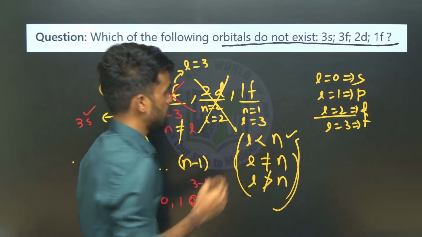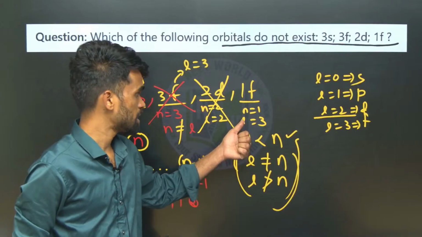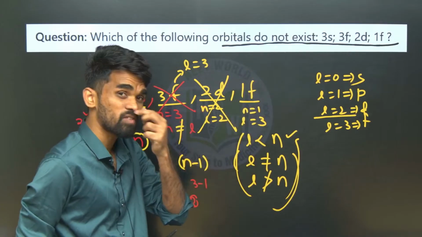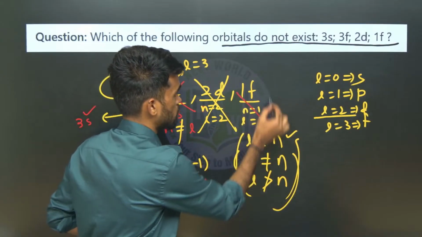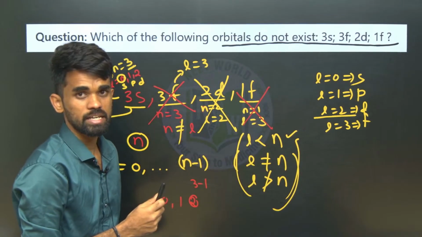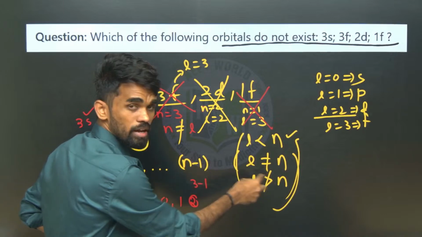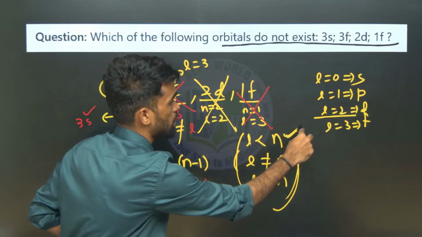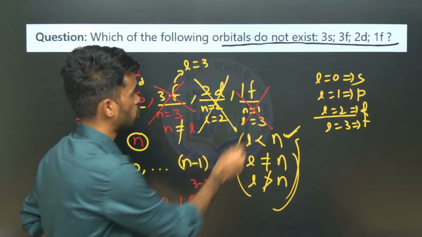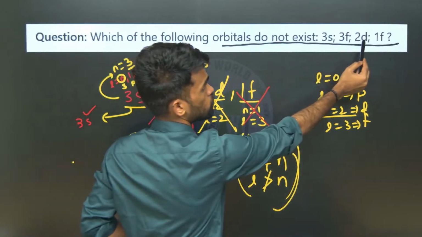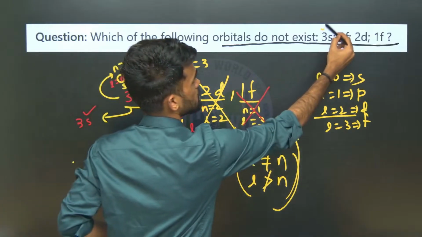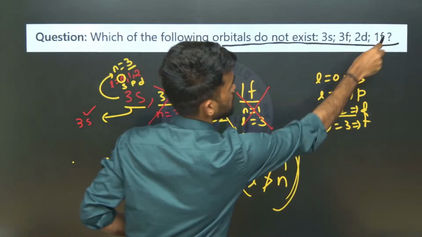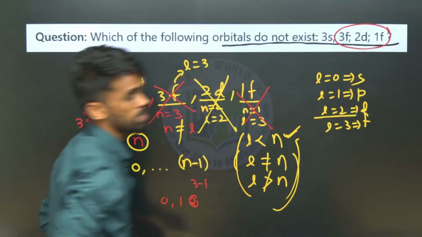The azimuthal quantum number L is exceeding the principal quantum number, so this also does not exist. Only this is the correct rule that should be followed. So 3f, 2d, 1f do not exist. Only 3s exists.